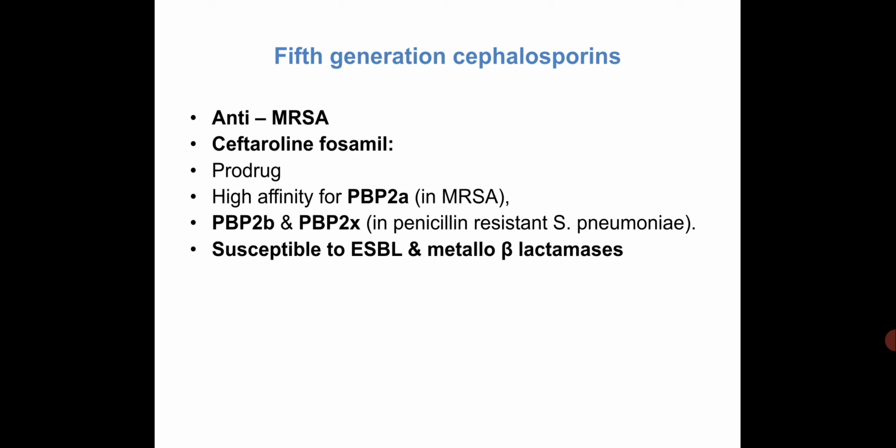Okay, so it is also destroyed by these. If an extended spectrum beta lactamase or metallo-beta lactamase is produced by the organism, then the drug of choice is another one. In extended spectrum beta lactamase, we already know it is carbapenems. Okay, then it is mostly useful.